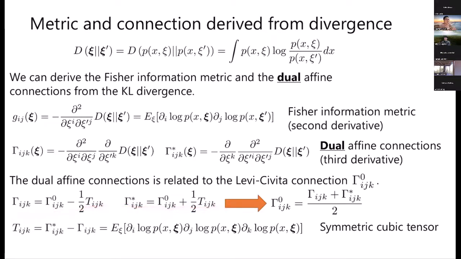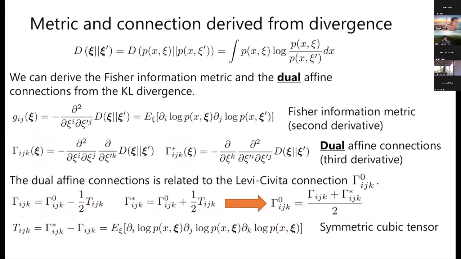Again, I totally omit the mathematical proof, so you need to believe me. These dual affine connections are related by this, meaning that half of the sum of the two dual affine connections is the Levi-Civita connection.